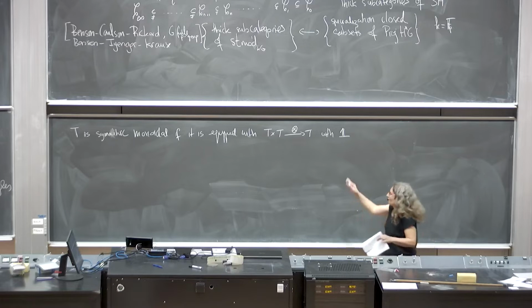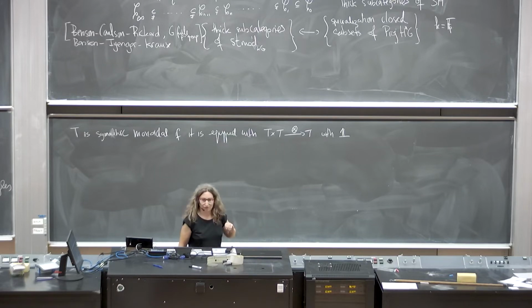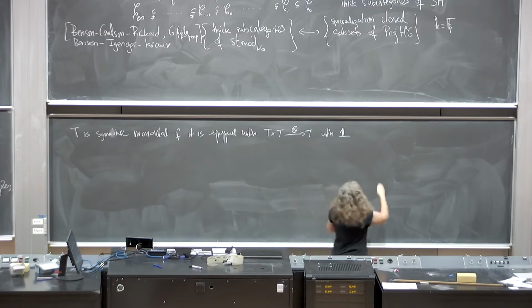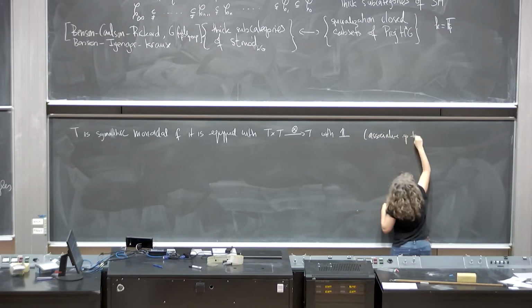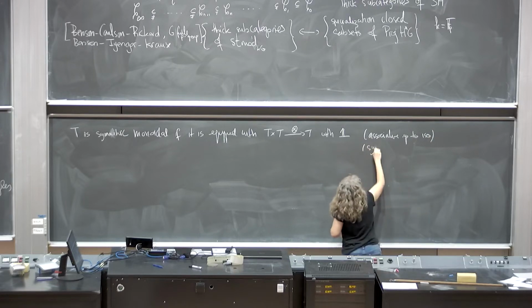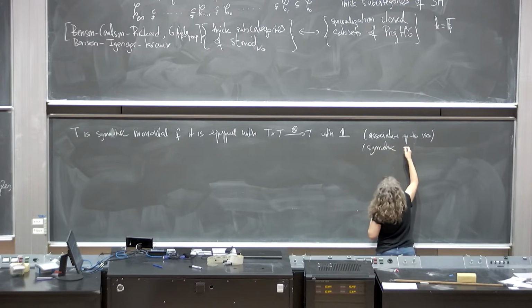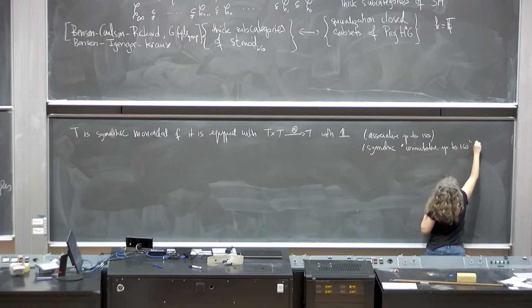And then it satisfies the properties you could imagine from the examples yesterday: the smash product of spectra gives you a monoidal structure, and the tensor product of complex representations gives you a monoidal structure. Let's say associative up to iso, and symmetric means commutative up to natural isomorphisms.